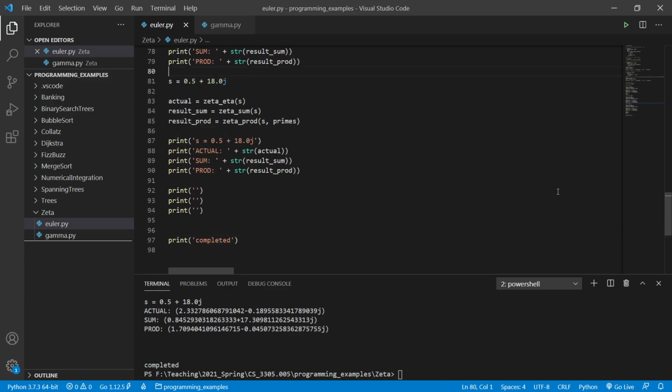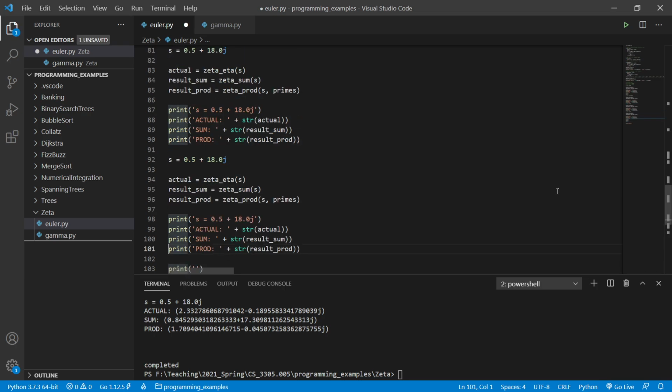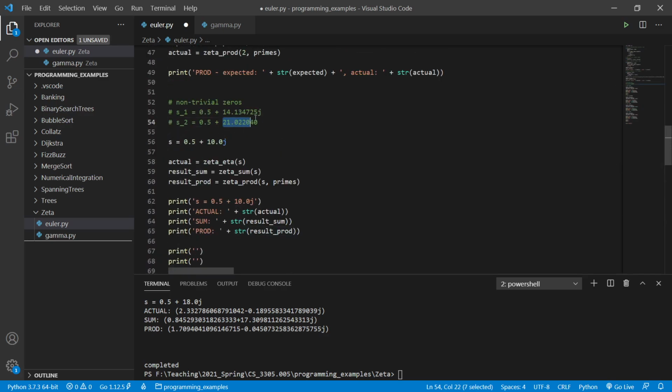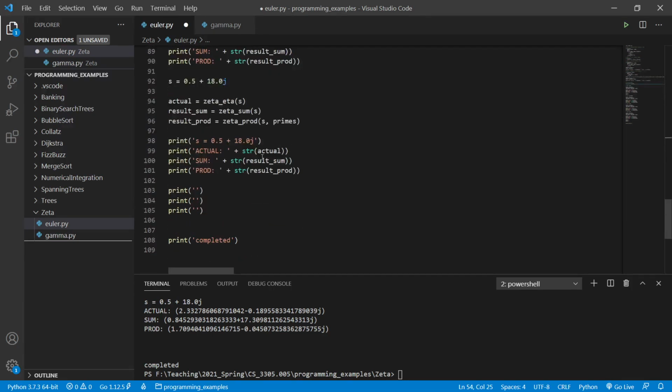And then for the sake of completion, let's do it with the second zero's value. Okay, and so for that last one, again, it gets really close to 0.